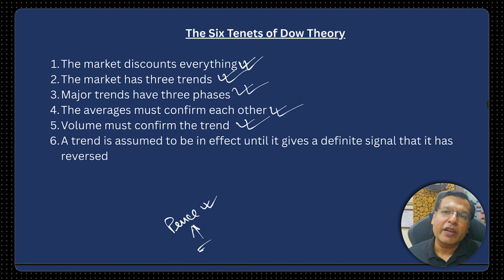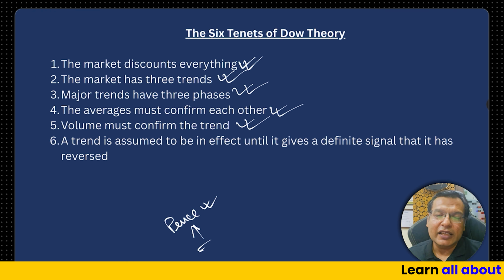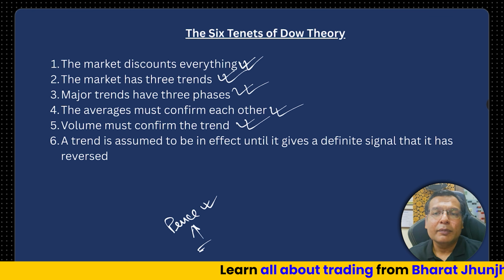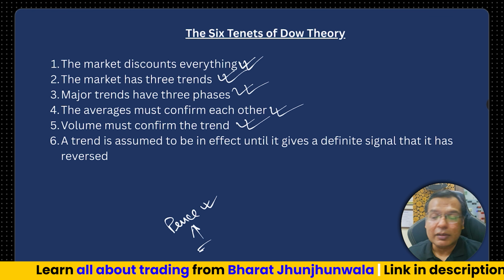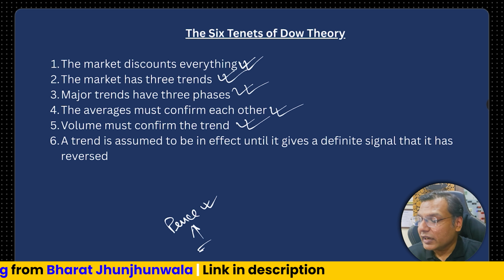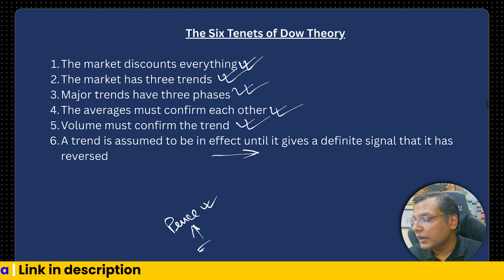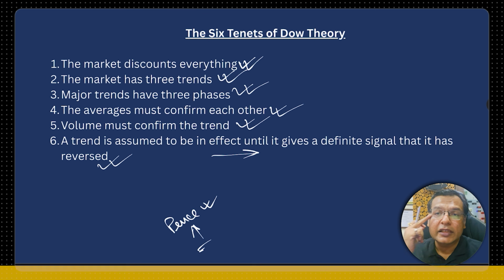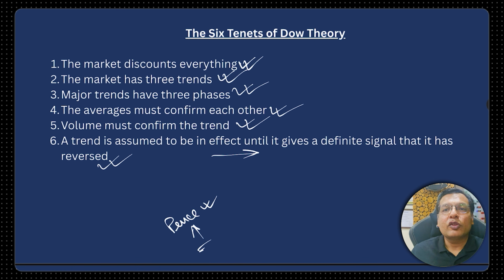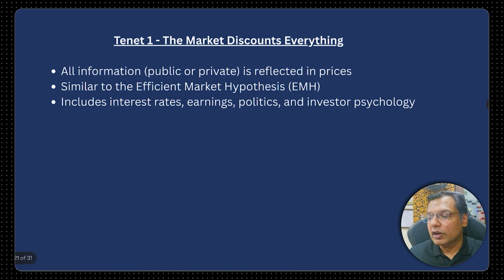So if the prices are moving up, the volume should also confirm that yes, there is real force behind the prices pushing them up or down. And then a trend is assumed to be in effect until it has proper signals of reversal. That means you cannot take any action on the basis of your gut feeling. You need a confirmation of the charts. We are chartists. We need charts to confirm the same.